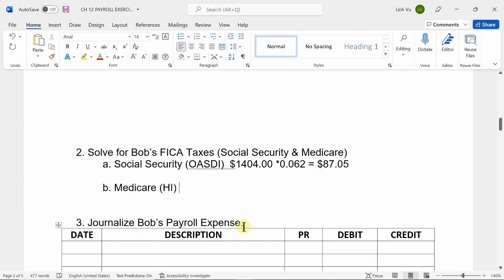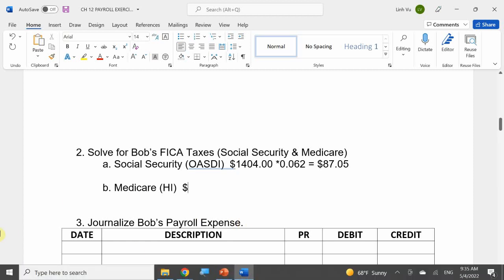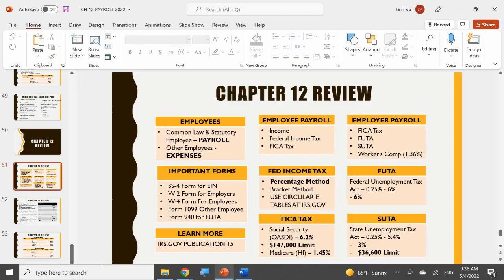What is Medicare? What percentage is Medicare? Employee payroll. Okay. Where is the Medicare?